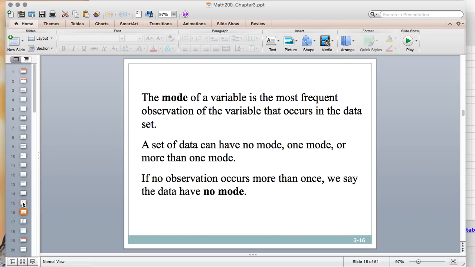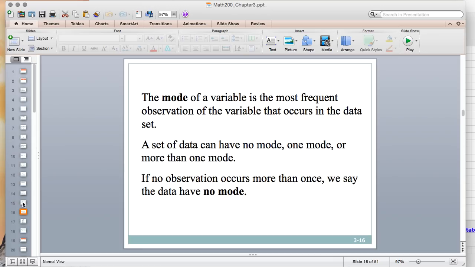Now, mode is a third measure of central tendency that we sometimes see. It's not used as often as median and mean, but it is very useful when we're talking about categorical data. So for example, if we were talking about favorite sports or something like that, we would be able to talk about the mode there, but we wouldn't be able to talk about a mean or a median since we have categories and not numbers, okay?